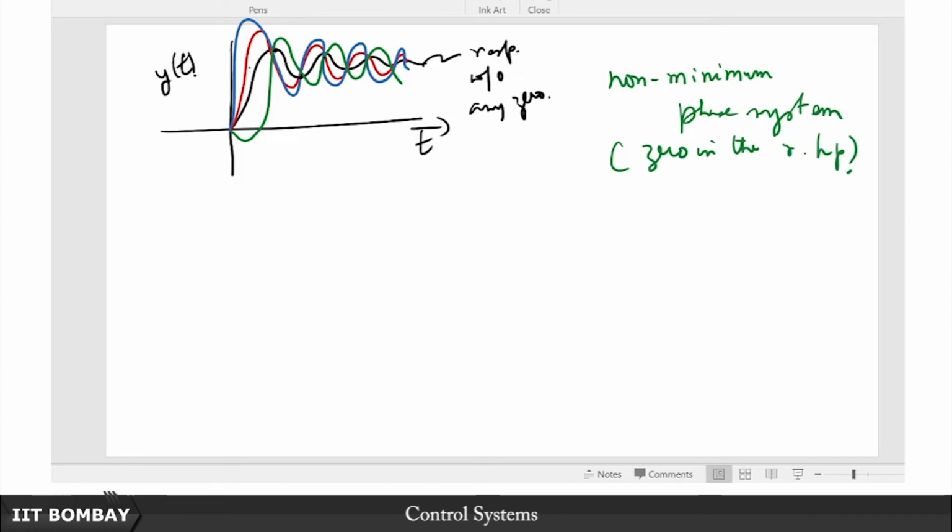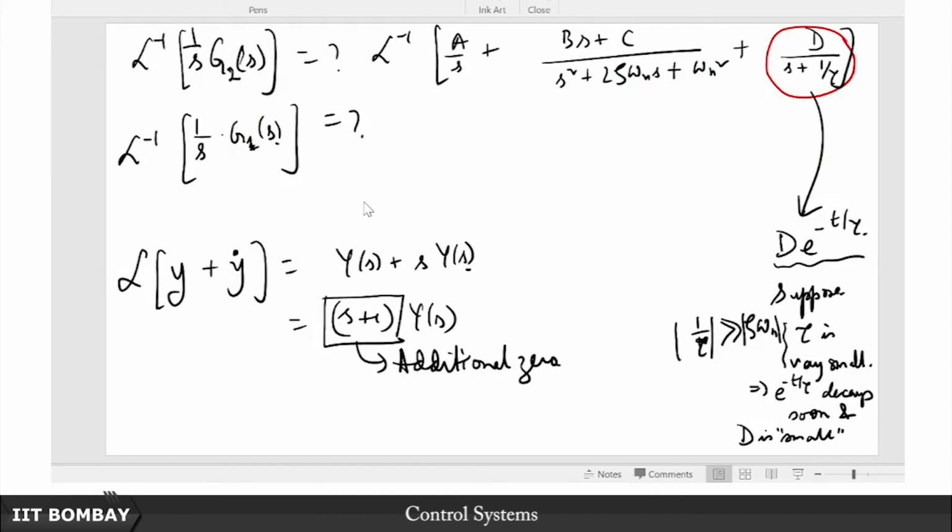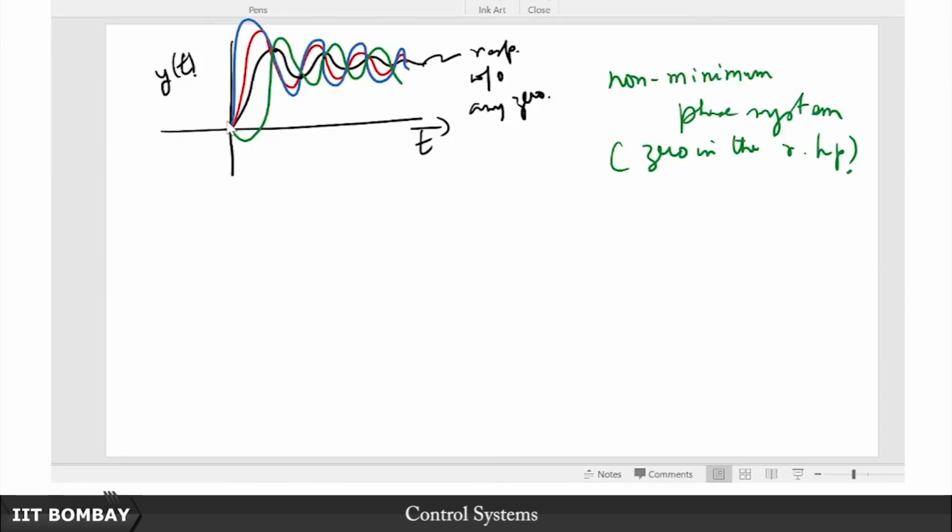Alright, and as you can see here, the red one and the blue one along with it, both of them come from systems with zeros on the left half plane, but which one has a larger value of the tau? Clearly the blue one. So larger value of tau means 1 by tau is smaller, right? So what does 1 by tau being smaller mean? It means it's closer to the imaginary axis.